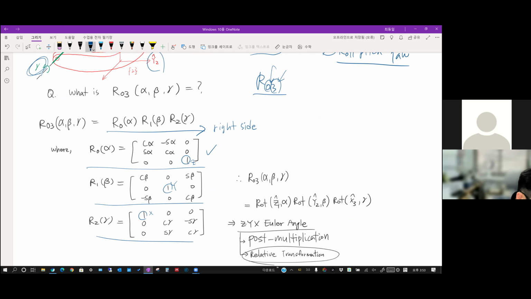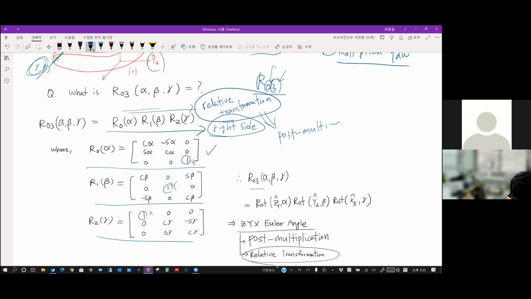So this is relative transformation. In relative transformation, we post-multiply, we multiply the rotation matrix on the right.